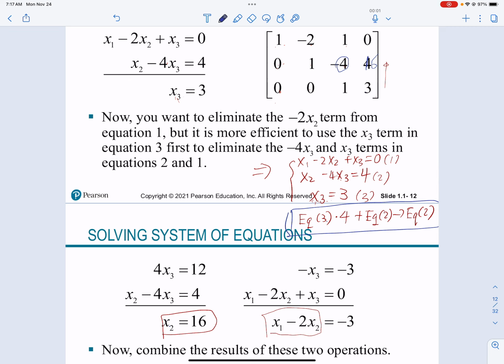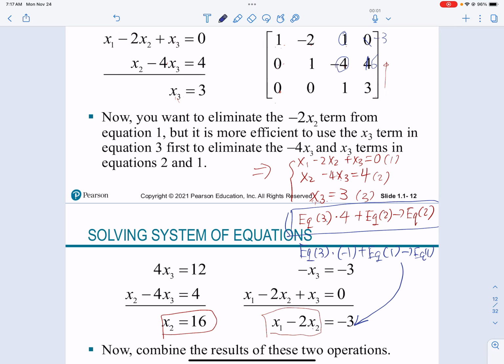And what if you substitute into equation 1 here? Equation 3 times negative 1 plus equation 1 goes to the new equation 1. What will you get? You will get this, yeah? Are you with me? So what will you have? x1 minus 2x2; x3 is also gone. Then what will be the number? Negative 3. Are you with me?